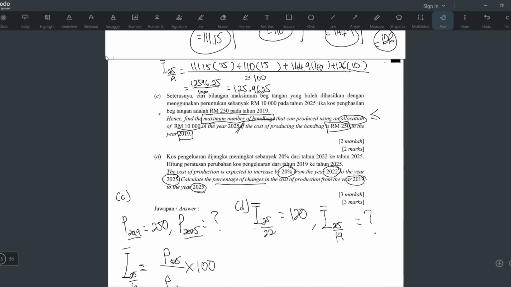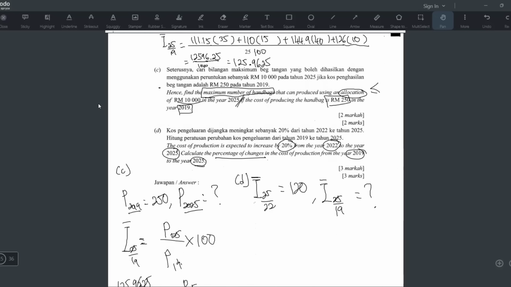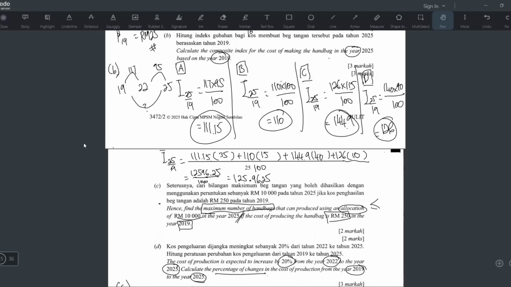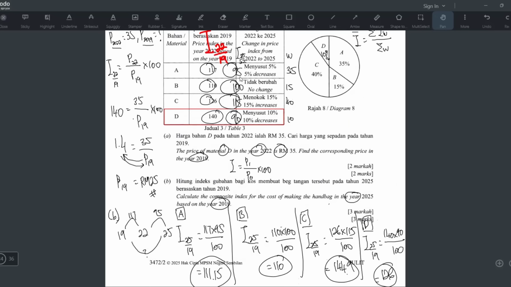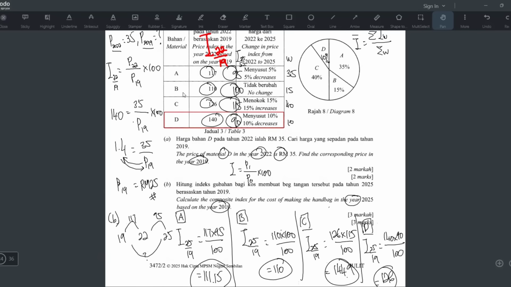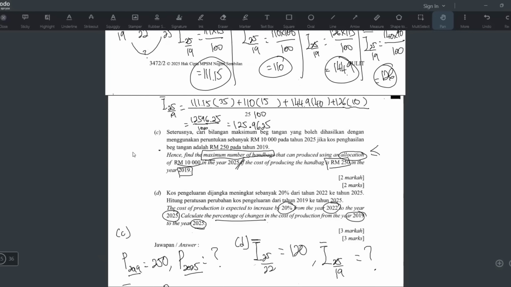So what's wrong with this question? I don't understand. Okay, that means D is completely not the same as the table. Right, that means we can't use it at all, we can't even use the A, B, C answers.